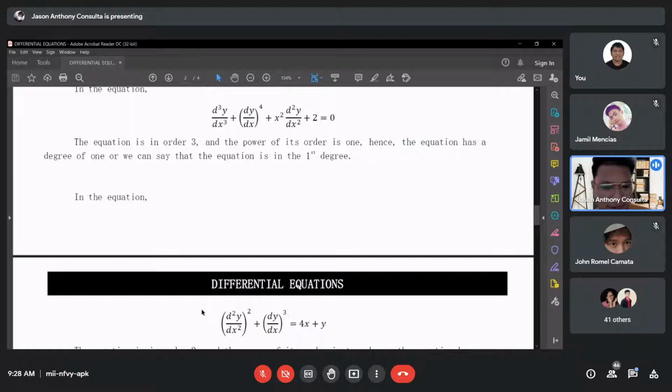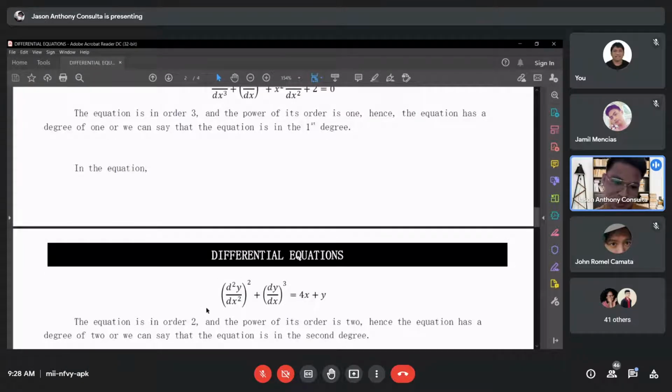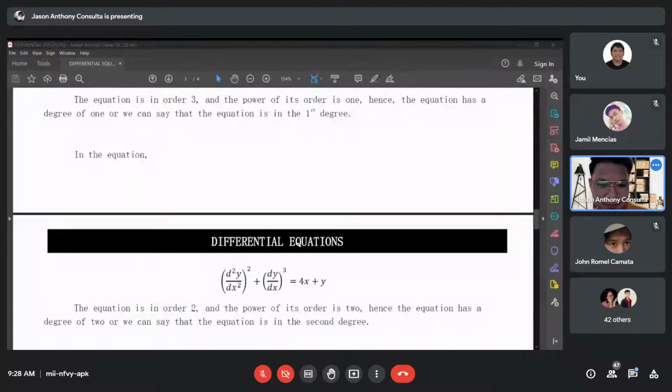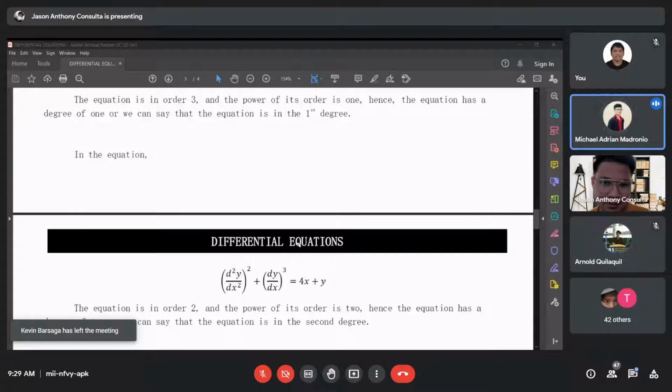Okay? So yung order niya is 2. Since yung highest order derivative is raised to the second power, yung degree niya is 2. Malinaw ba 'yon? Yes, sir. Malinaw. Okay. Sige.